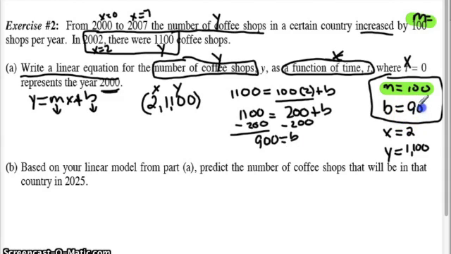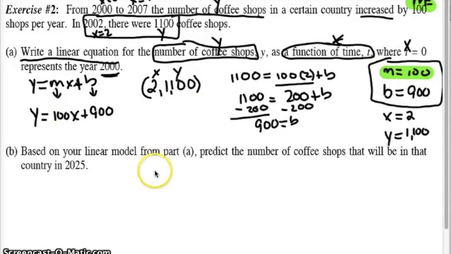I have my b value and my m value, so now y equals 100x plus 900. That is the linear equation that represents the number of coffee shops y as a function of time.